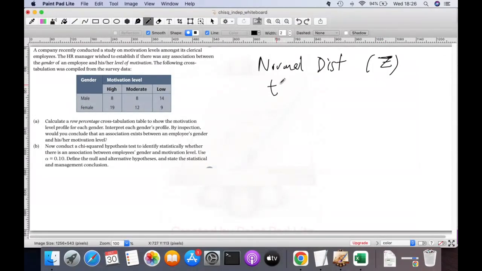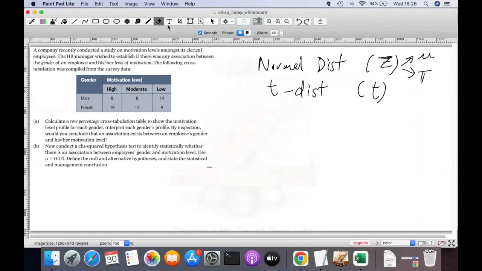Or you could use the T distribution, and that's what we did in the last collab. So then you would use the T-stat, all right? And for the normal distribution, you could be testing the mean, mu, or you could be testing proportions. So this is just a recap of what we did in the last learning unit. Now we're going to do it, but using the chi-square distribution.